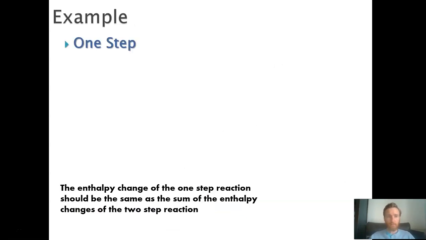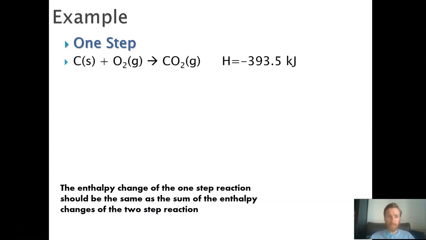So looking at that in steps, if we look at a one-step reaction, this is the formation of carbon dioxide. We can see a couple of things here. We can see that there's an enthalpy, and that's a negative. It means that it's exothermic, and this is the enthalpy change for 1 mole of carbon dioxide.